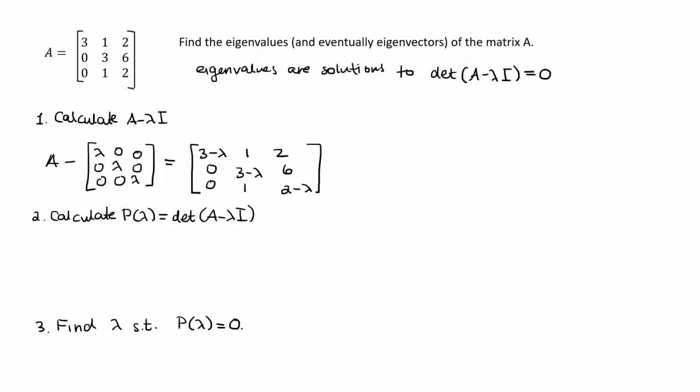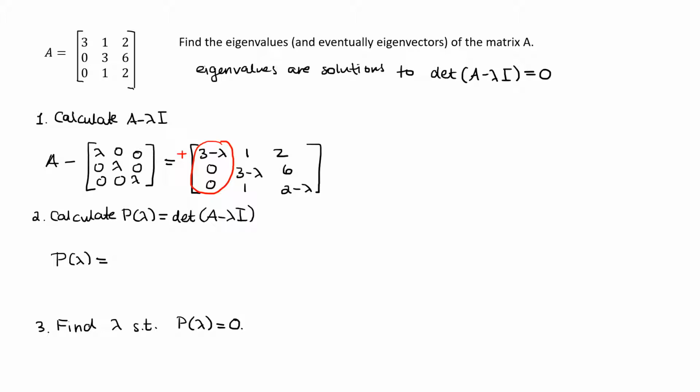Next, we're going to calculate the determinant of this. So p of lambda, this guy has a definite best choice. We're going to expand in this first column because we have all those zeros, and we start with a plus.